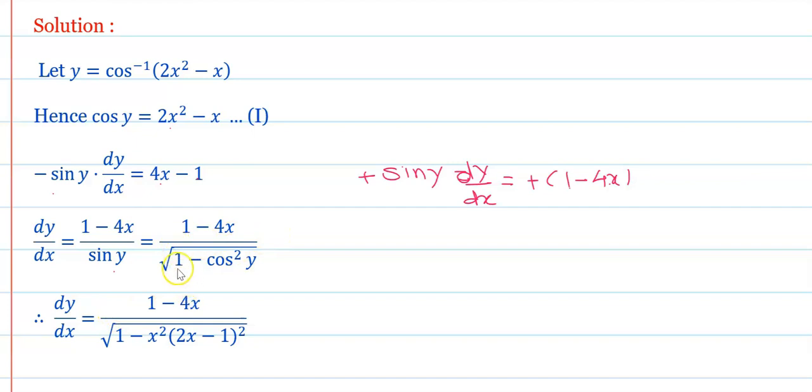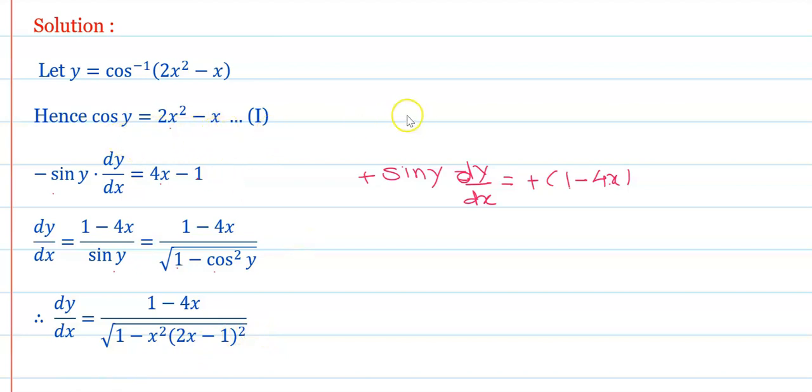Under root of 1 minus cos² y. But what about this cos² y? We have the value of cos y, and its square means (2x² minus x) whole square.